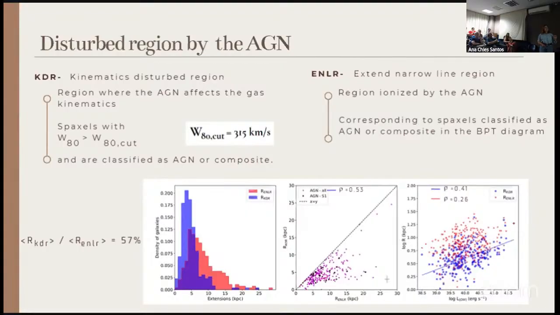You can see that the KDR region in blue is about 57% of the extended narrow line region. So the extended narrow line region is double the size of the region of gas disturbed by the AGN.